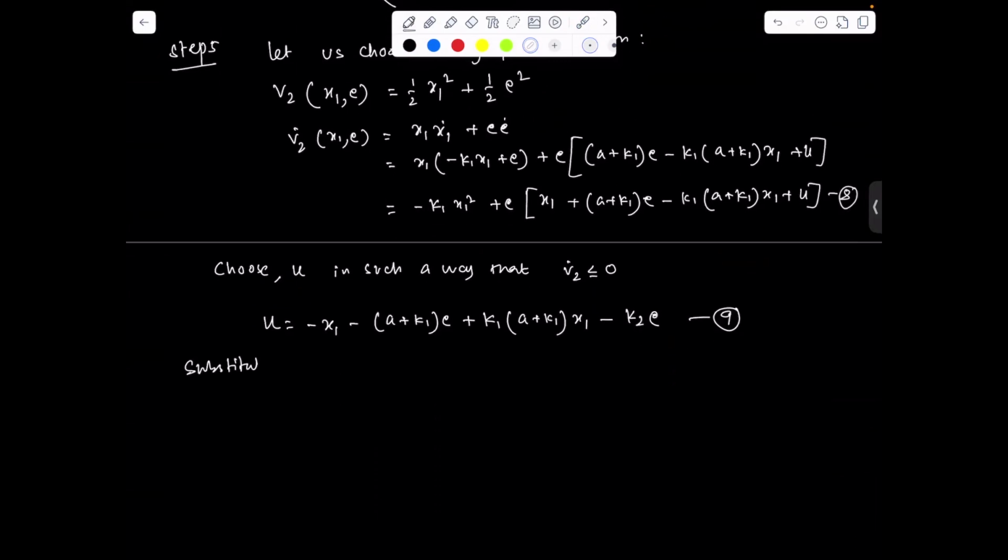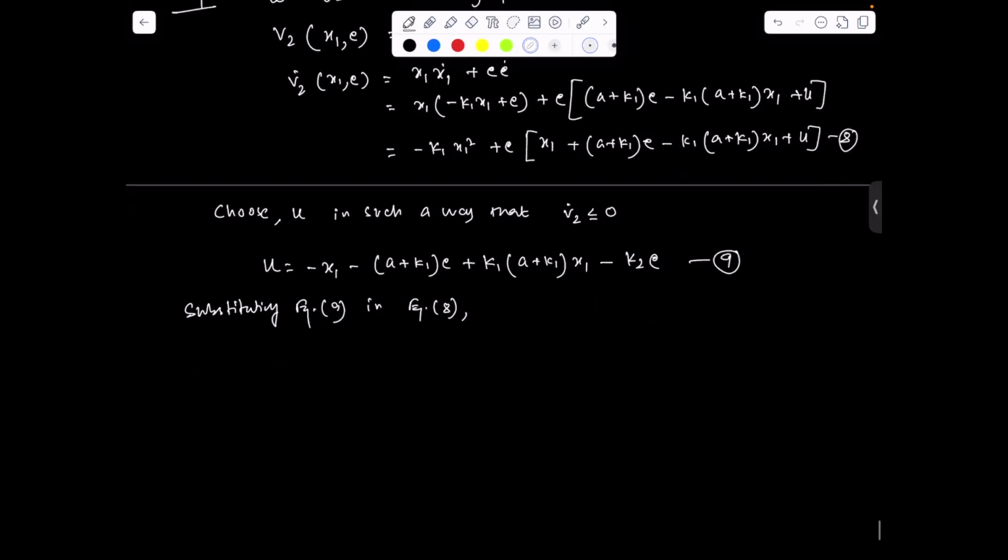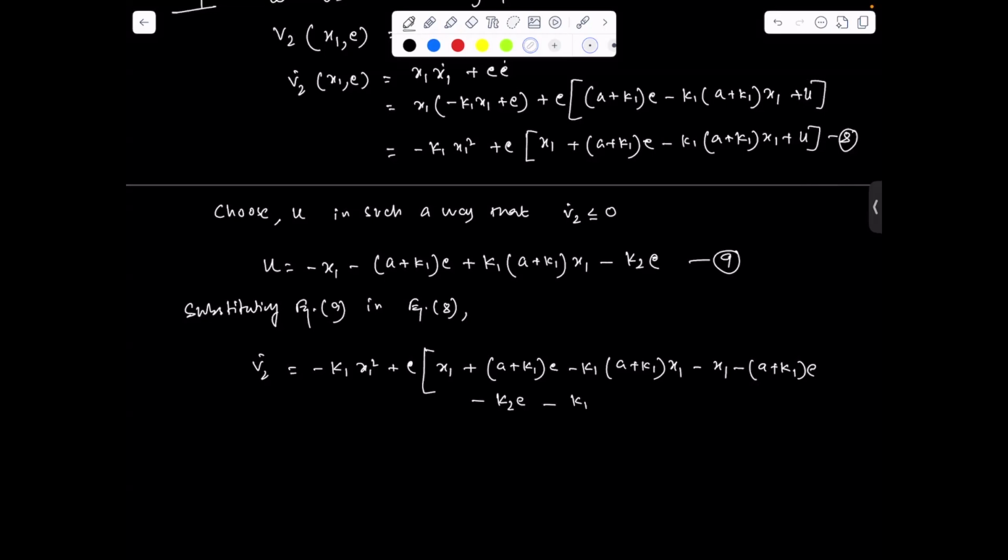Substituting equation 9 in equation 8, we can write V2 dot equal to minus k1 x1 square plus e into x1 plus a plus k1 e minus k1 a plus k1 x1 minus x1 minus a plus k1 e minus k2 e and minus k1 a plus k1 x1.